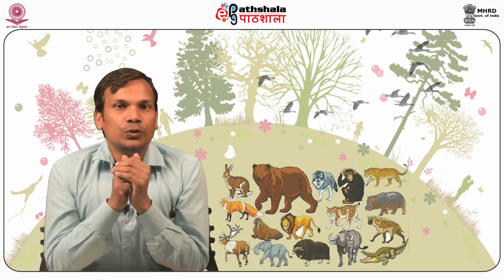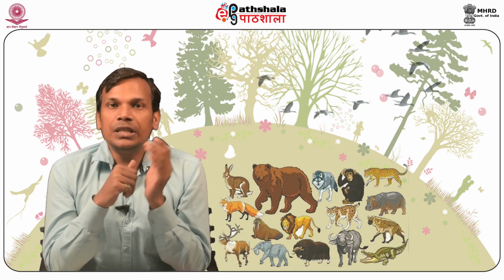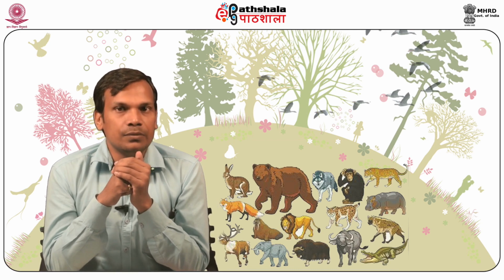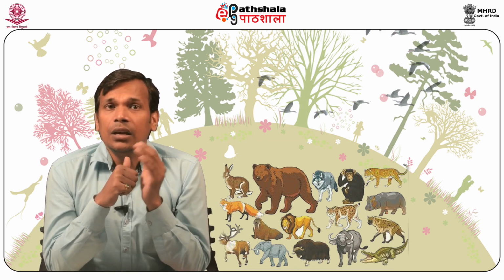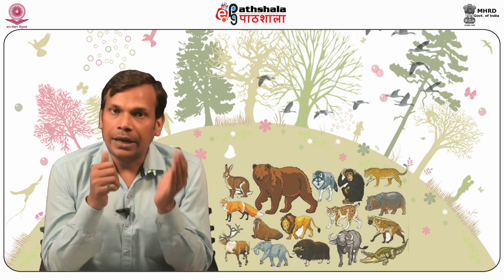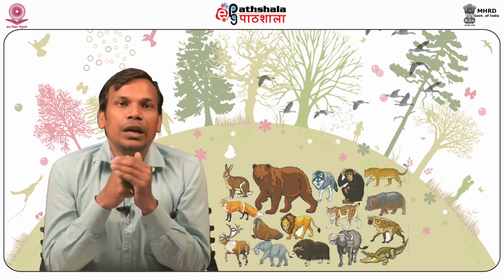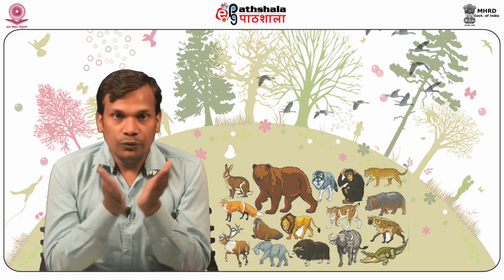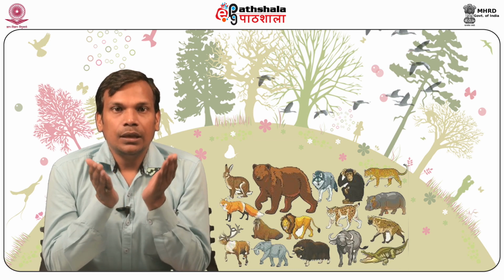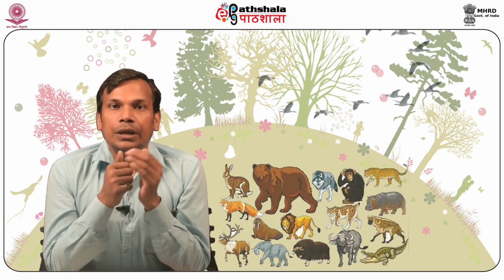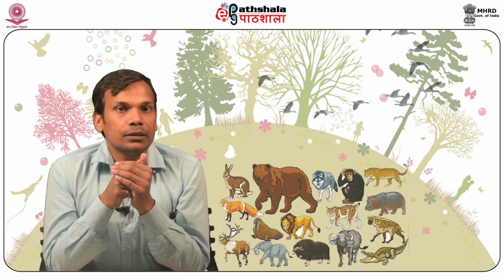Dispersion refers to mode of distribution of organisms. It is categorized as random distribution where individuals are uniformly and randomly distributed in the area.